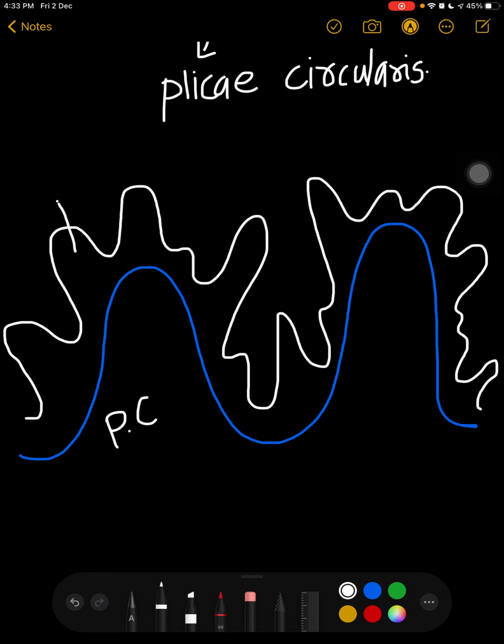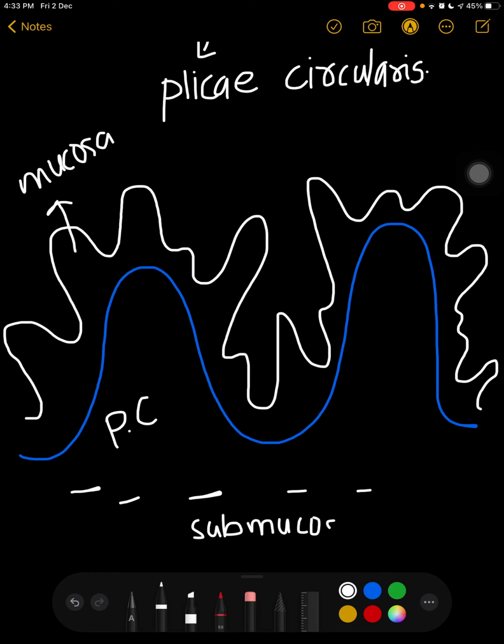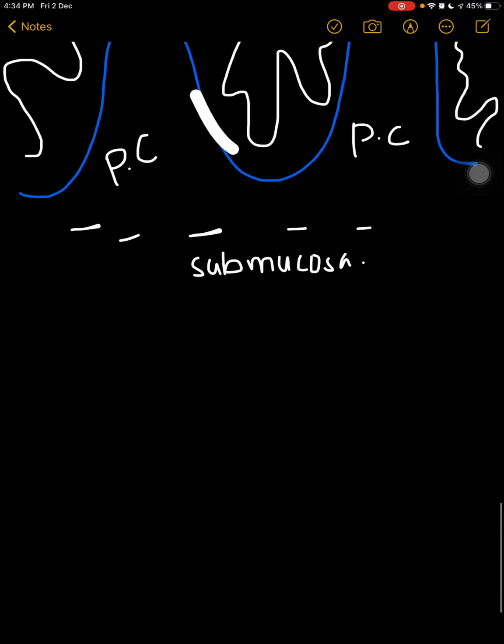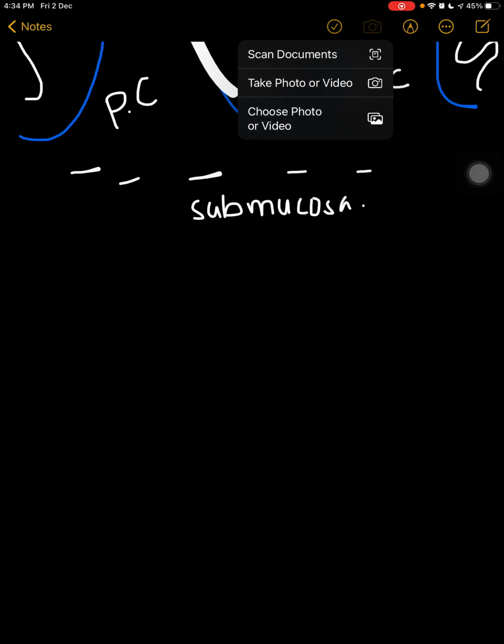This region is known as mucosa. Here it is submucosa, right? This region is known as plicae circulares, and above the plicae circulares we have this structure known as villi. Let me show you the diagram in order to make your concept more clear. I know you are quite confused about plicae circulares.